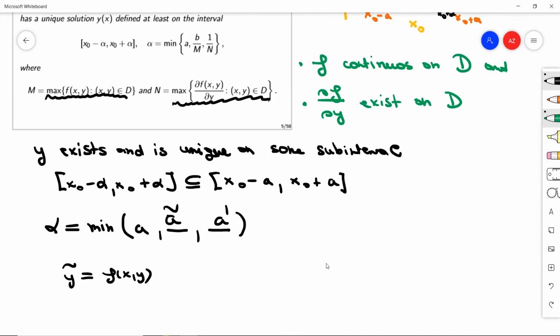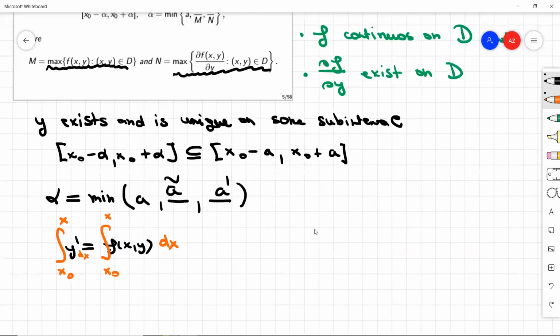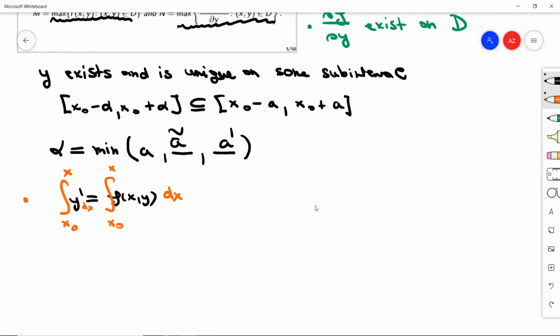So let's integrate both sides of our differential equation with respect to x. This is our differential equation. Let's integrate it from x0 to some x, and also the other side, from x0 to x, dx. On the left-hand side, what is the integral of the derivative of y?